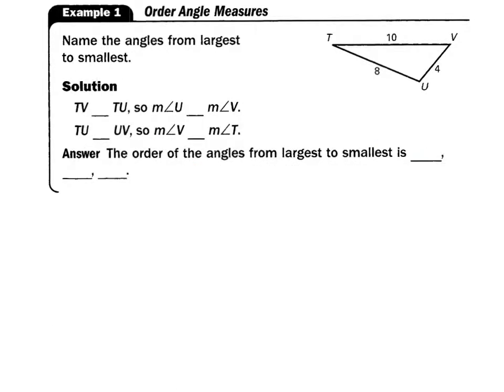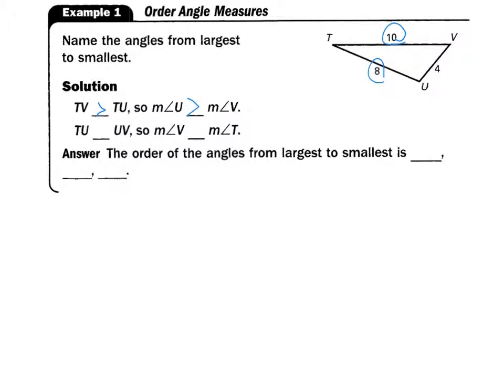So let's see how we use it in helping us solve problems. Here's an example. It says, name the angles from the largest to the smallest. We have TV and TU. TV obviously is 10. TU is 8, so TV is greater. And because of that, the measure of angle U is greater than the measure of angle V, right?